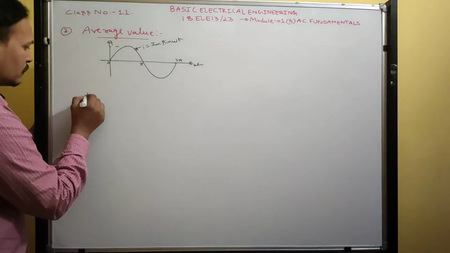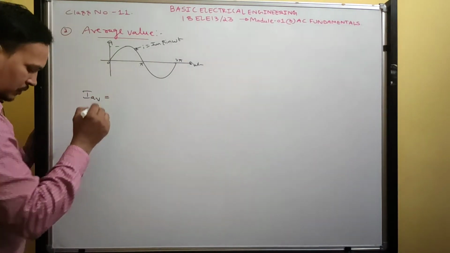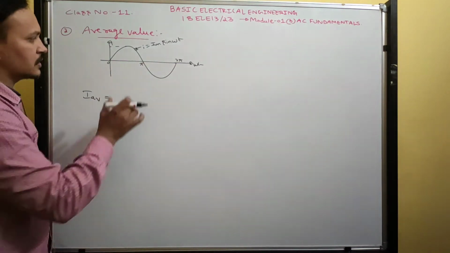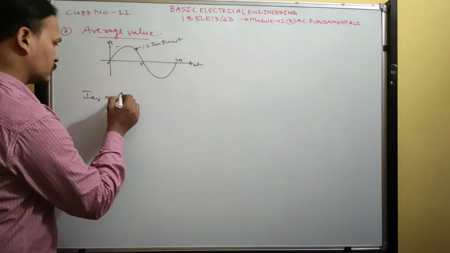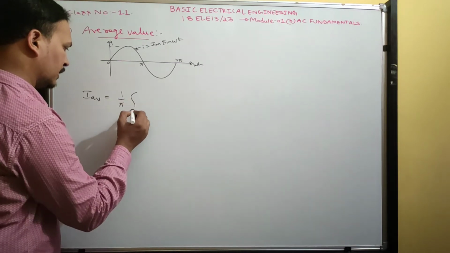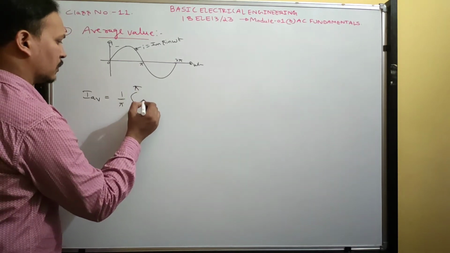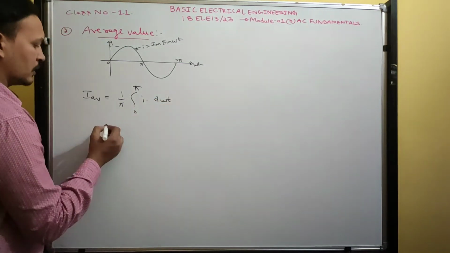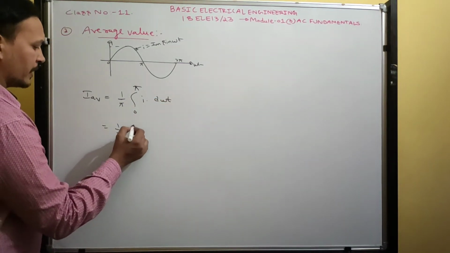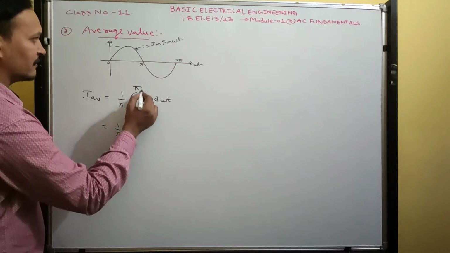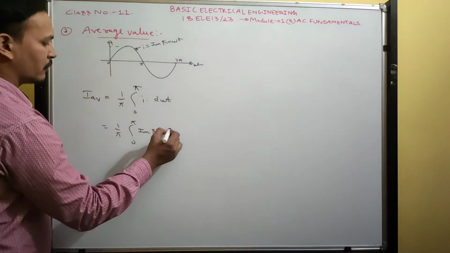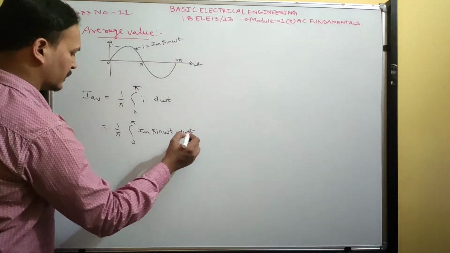Now average value is equal to, since it is symmetric waveform, yes, we have to take half cycle. So 1 upon pi integral 0 to pi, i into d omega t. 1 upon pi integral 0 to pi, what is i value? Im sin omega t into d omega t.